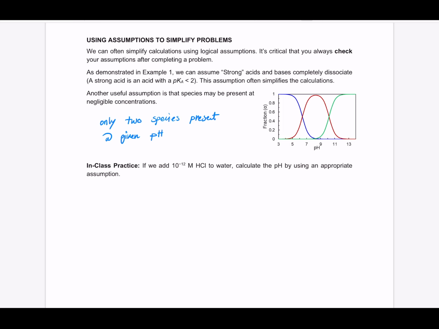Okay, so let's do a quick example based on that assumption. 10 to the minus 3 molar of HCl, pH was 3, right? Very simple, very straightforward. What if we have 10 to the minus 12 of HCl? What would be the pH then? You know, it fully dissociates.